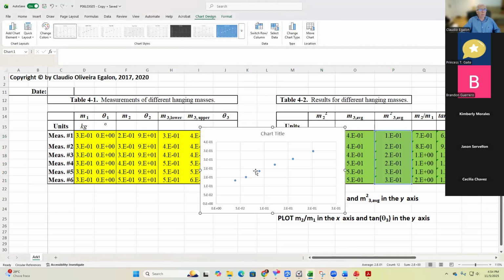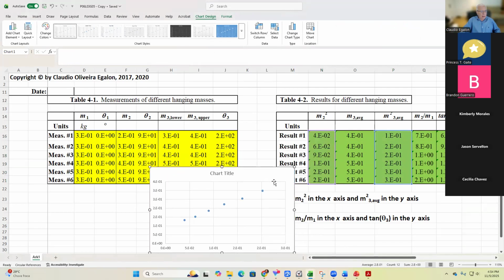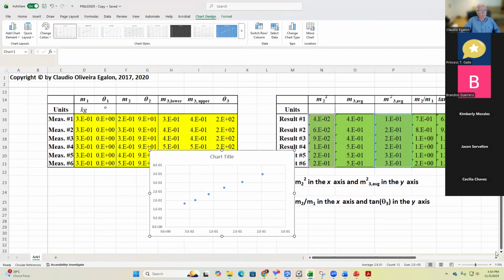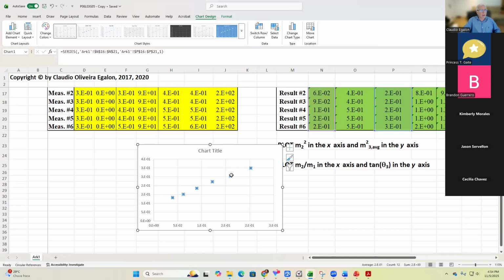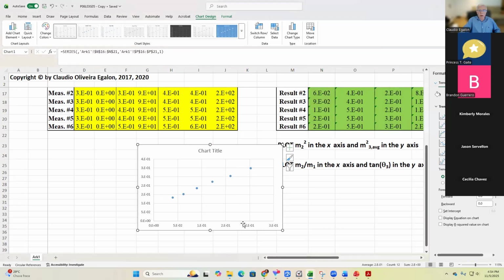Insert chart plot. And we see that we get a straight line, right? And we go ahead, add trend line, display equation on chart. Here goes the slope. The slope that I get here is not exactly 1, but it's very close to 1. It's 2% off only.